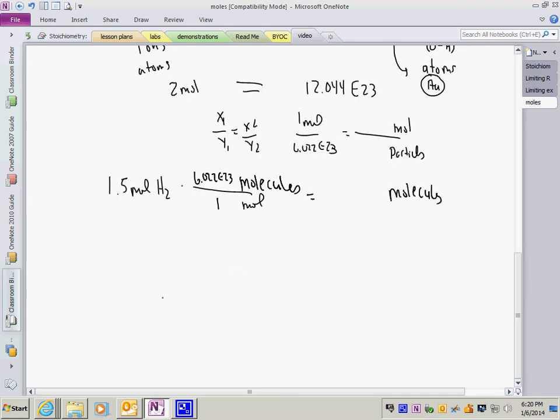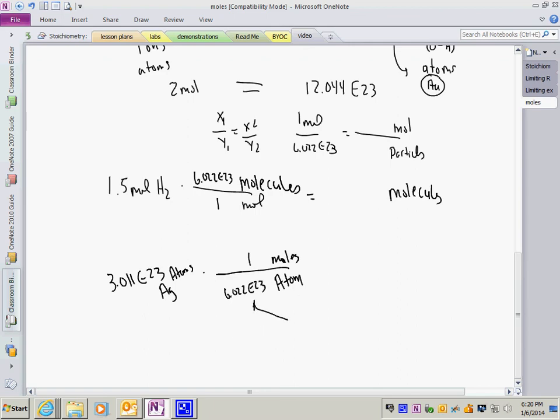If you want to take, say, 3.011 e to the 23rd atoms of silver, then you would simply divide by this value. Atoms goes on the bottom, and number of moles goes on top. 1 mole is equal to 6.022 e to the 23rd.